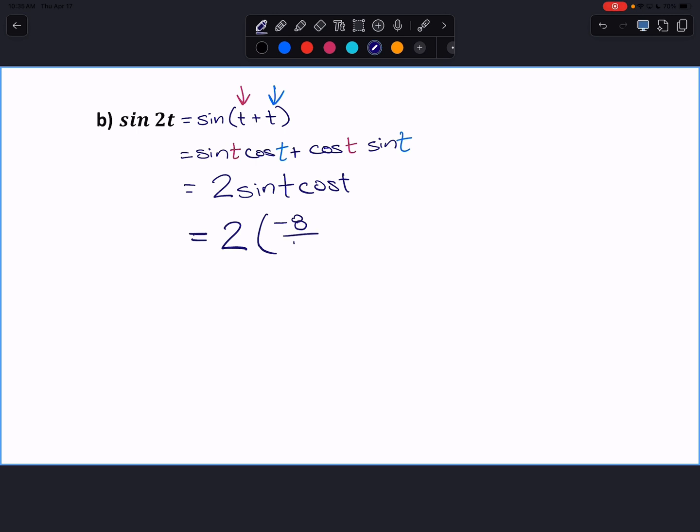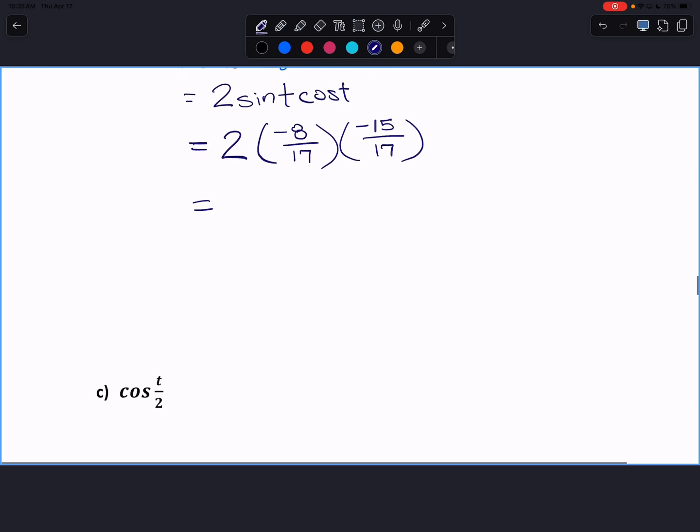Sine of t is negative 8 over 17. Negative 15 over 17. Yes. So you did 2 times all of that? Or just negative 8 times 15?